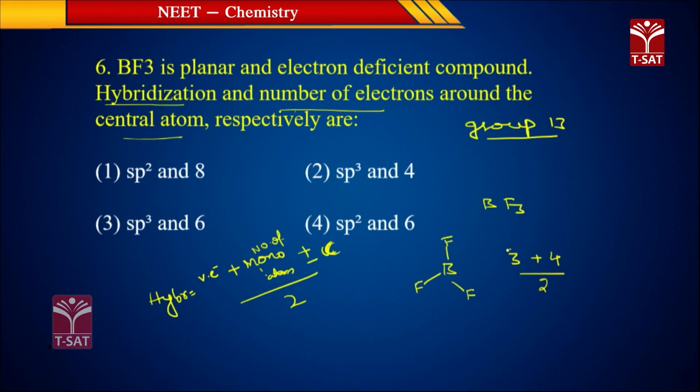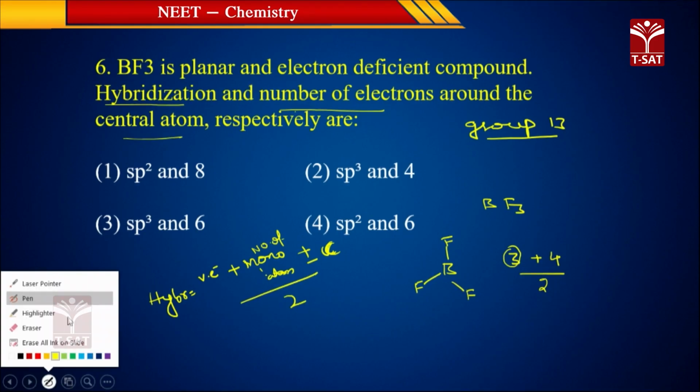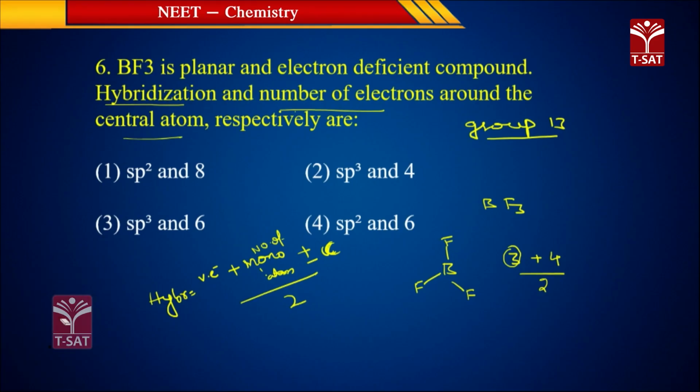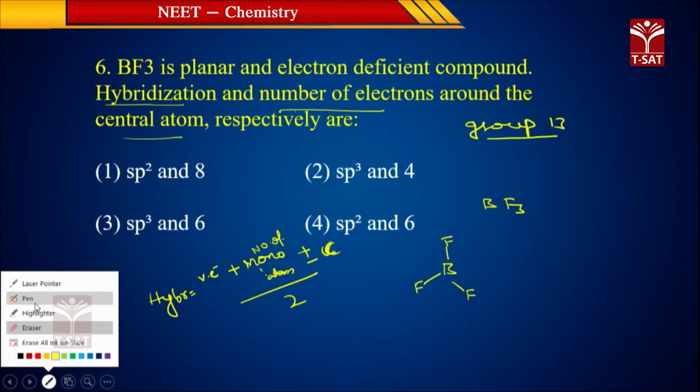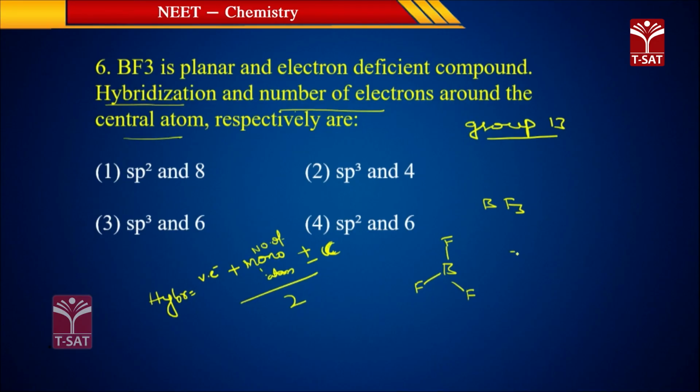Valence electrons for boron is 3, plus monovalent atoms like fluorine. How many are there? 3. Charge is not there, that is why the charge is 0, divided by 2. So, 6 by 2 is 3.